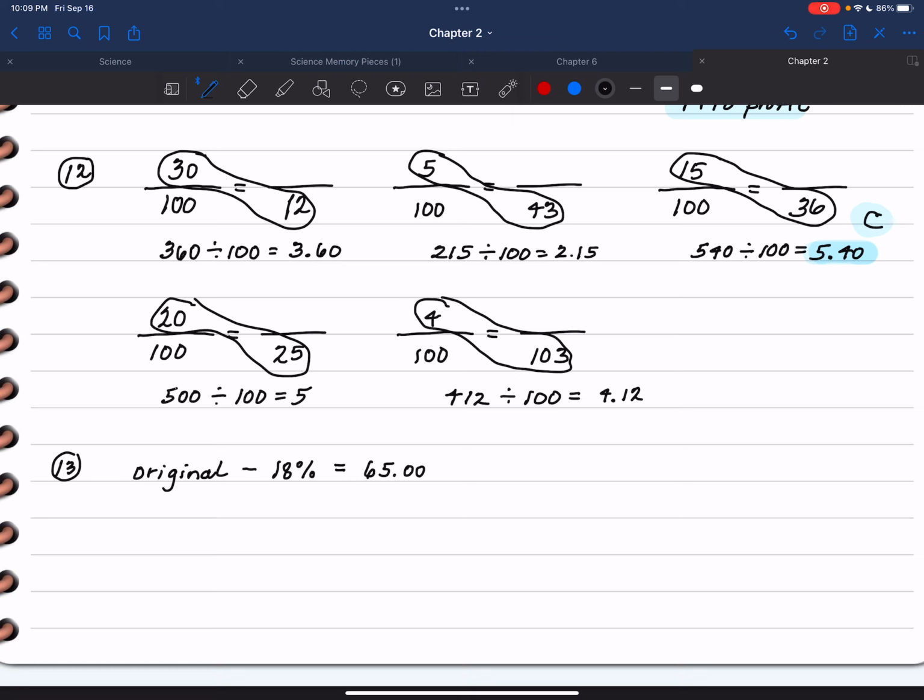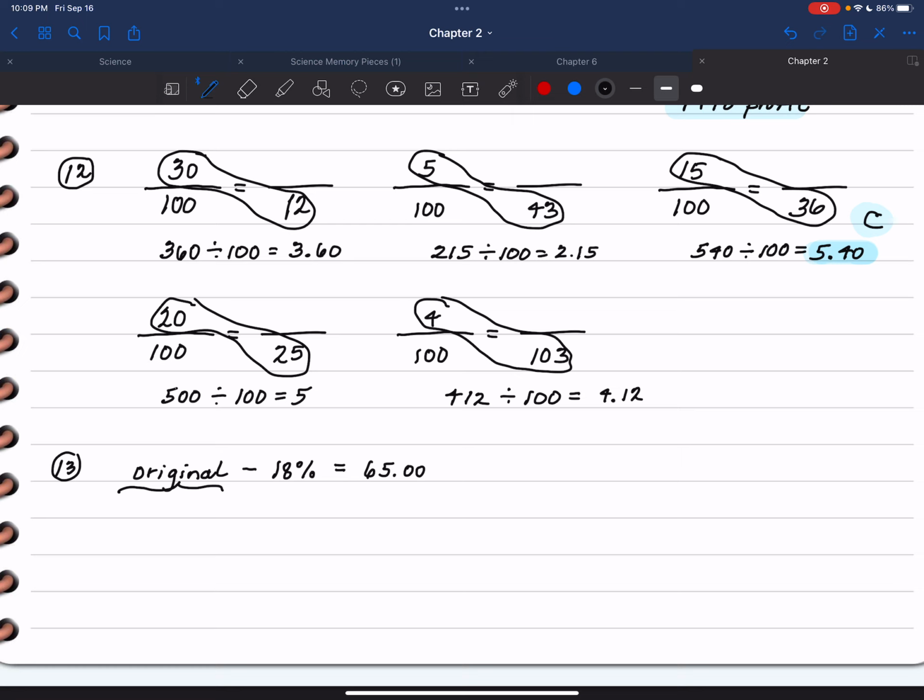Okay. So we need to look at, let me reread that. After a discount of 18%, the price of an item was $65. Okay, we're good. To find the original amount, so we're looking for this amount, Ted calculated and found $76.70. Okay, I just needed to be sure that I was doing this correctly.